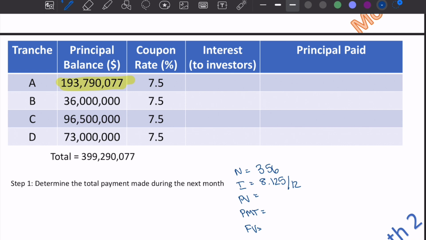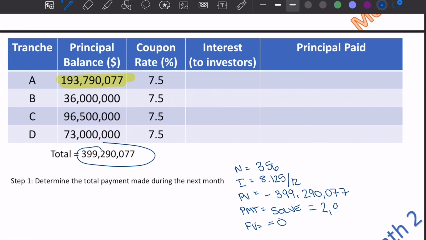Present value is my new beginning balance. I'm going to make that my negative number. And payment is what I'm solving for. Future value 0. So the payment I get now is $2,972,575.